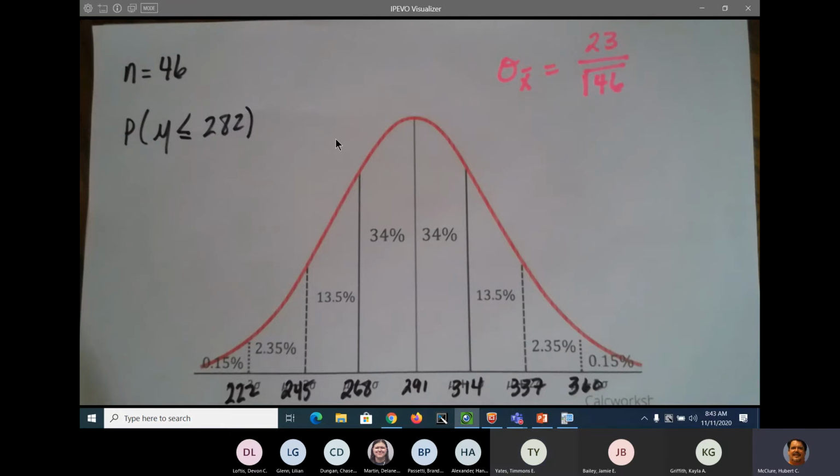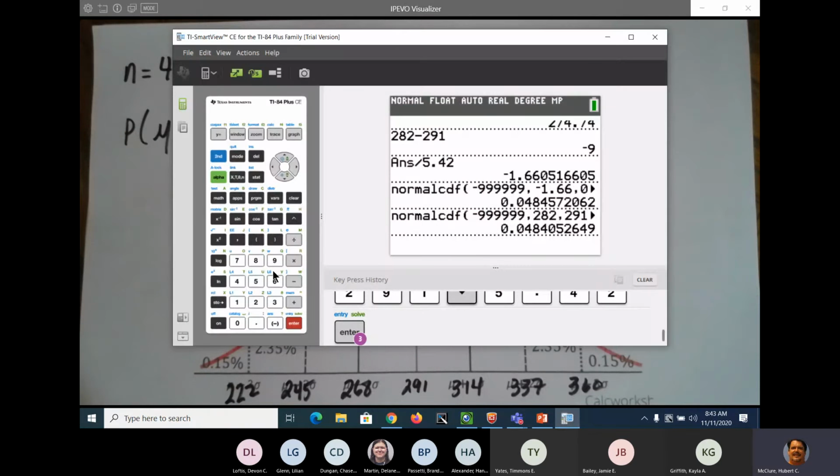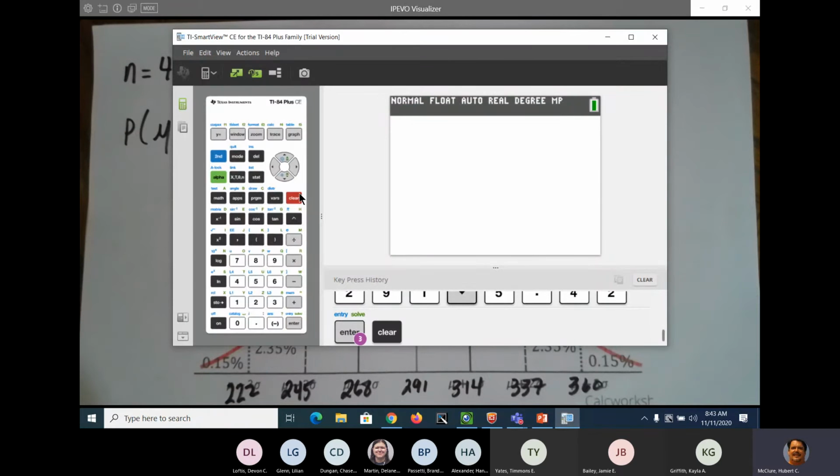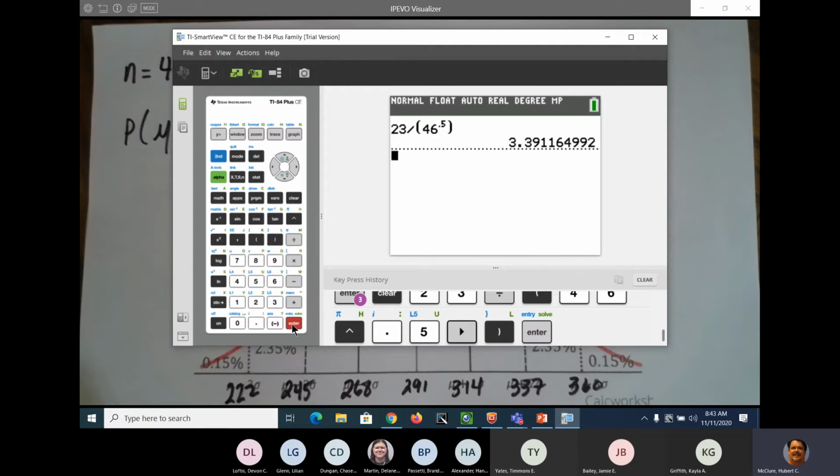Okay. All right. So I'm going to take my handy dandy calculator, and I'm going to hit 23 divided by parentheses 46 raised to the 0.5 power and close parentheses. And I'm going to take it to 4 digits because they took the last standard deviation to 4 digits. 3.3912.